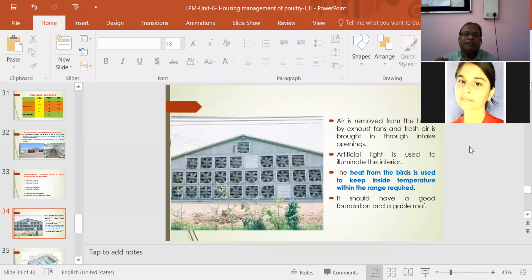The heat from the birds is used to keep the inside temperature within the range required. Just imagine birds are emitting heat in the shed through expired air and the removal of heat from the body.